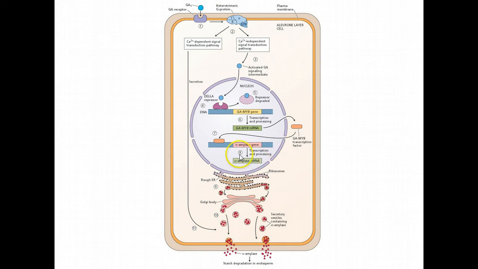So you have this alpha amylase RNA moving through, in this case, the nuclear membrane pores, producing the RNA, producing the protein, which then goes to the Golgi body, okay? And remember, I told you that the corn seed was mostly just a bag of starch.